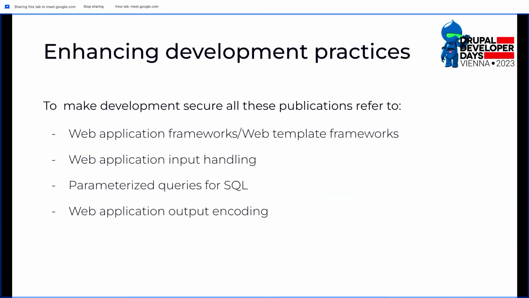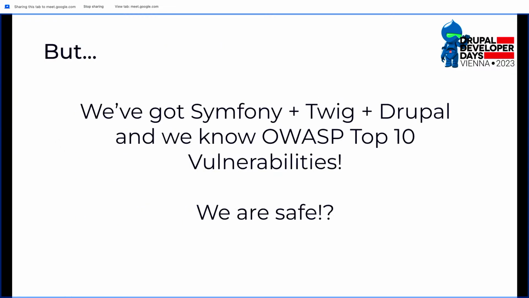And then let's have a look at the development practices. So from those publications, from Secure by Design and OWASP and Australian recommendations and guidelines, they all say just make sure you have a framework, you parameterize all the queries, and you have all the encoding and things like that. And we're like, yeah, we're good.